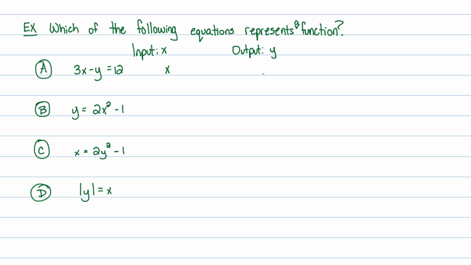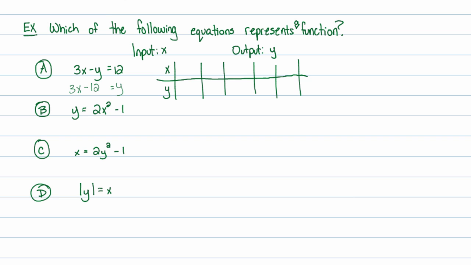So I'm going to do horizontal tables for each of these problems, and maybe next time I'll use the line tool to do that. And I will go ahead and start trying to figure out what each input will lead to as far as outputs go. And to do this first one, I'm actually going to solve it for y by adding y to both sides and subtracting 12 from both sides.